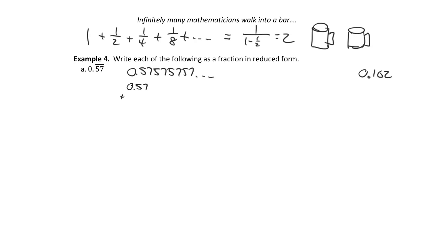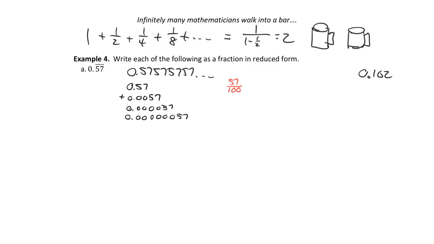So 0.57, 0.0057, 0.000057, maybe one more, 0.00000057, and so on. Now over on the right, I'm going to write that as my decimal teacher would tell me to. The first one is 57 hundredths.